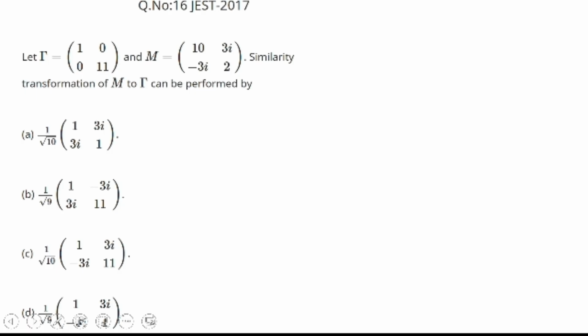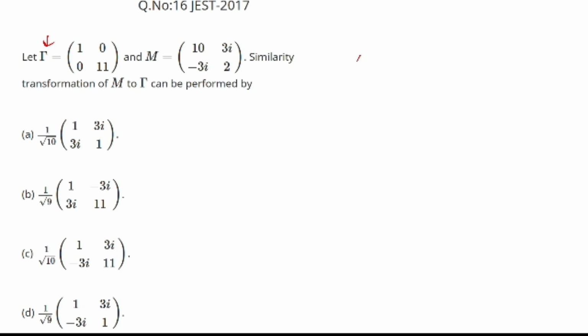Next question: gamma is given, also M is given, as a 2 by 2 matrix. We have to use a similarity transformation so that M can be transformed to gamma. Now we have to find the transformation matrix so that we can transform M to gamma.